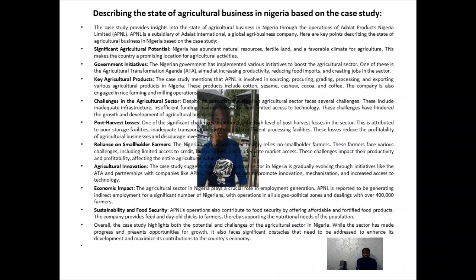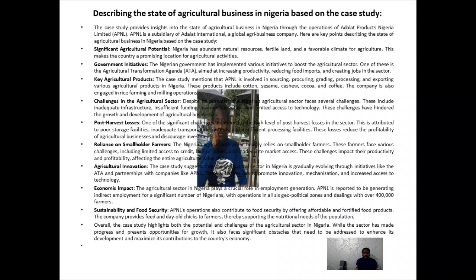It's an annual event, an occurrence, an experience in the lives of farmers in Nigeria, and you could measure it. They produce, they harvest, only for it to rot away. That is part of the description of agricultural business.